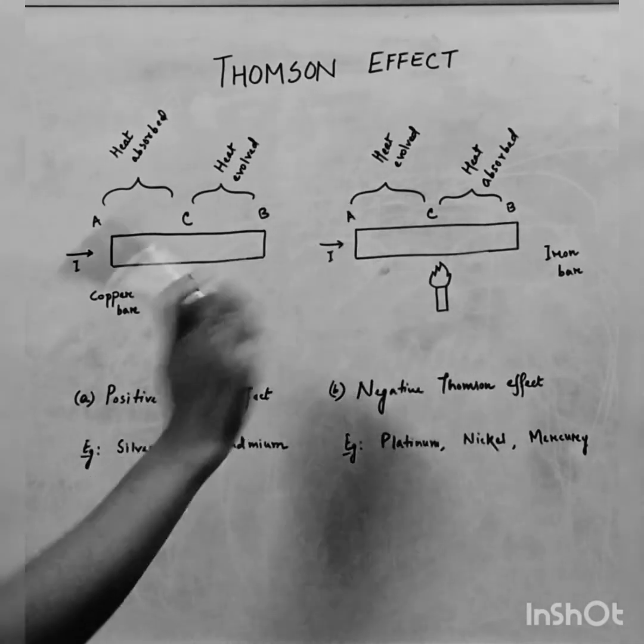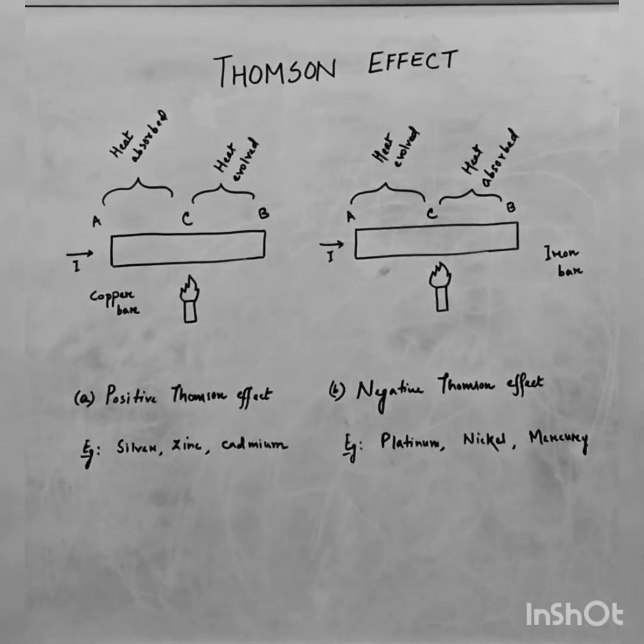So in this case the Thomson effect is called the negative Thomson effect, and this phenomenon is observed in metals like platinum, nickel, cobalt, mercury and iron.